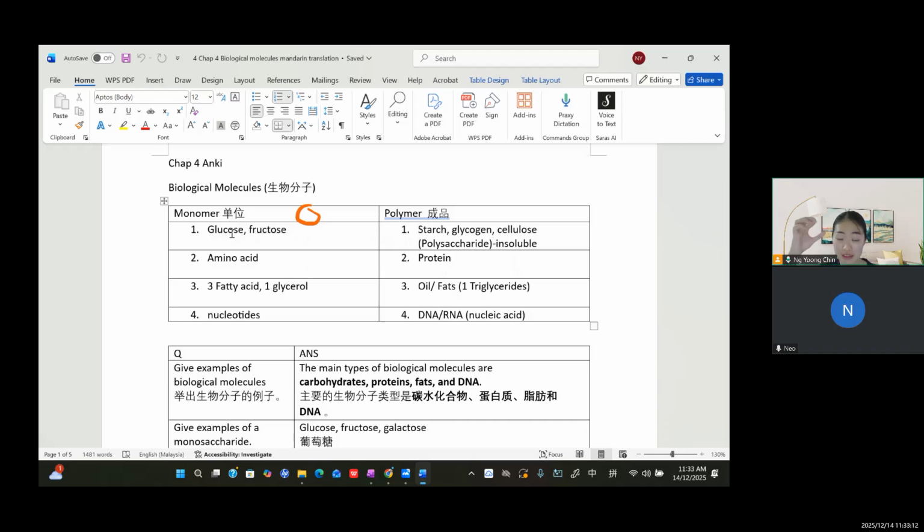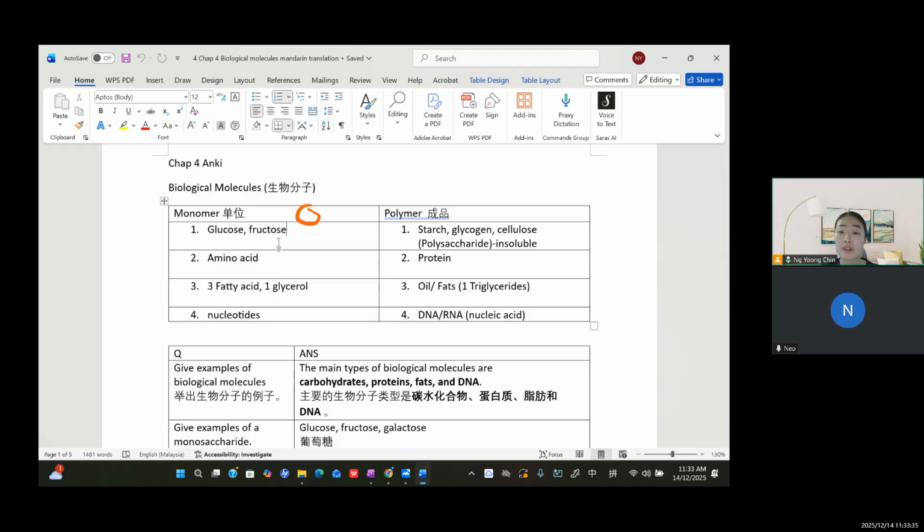It is because their size is very small, and glucose and fructose have hydrophilic parts. When you think back to their structures, glucose has the OH, the hydroxyl group. This OH group can form hydrogen bonds with water. So that's why they can dissolve in water.